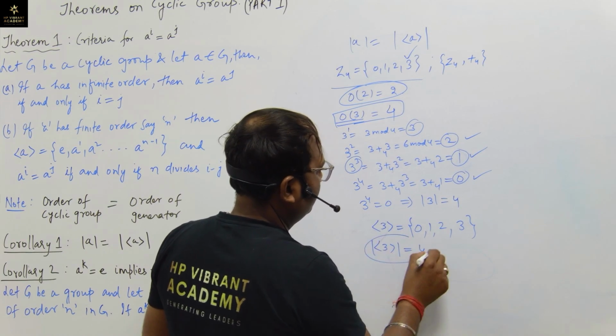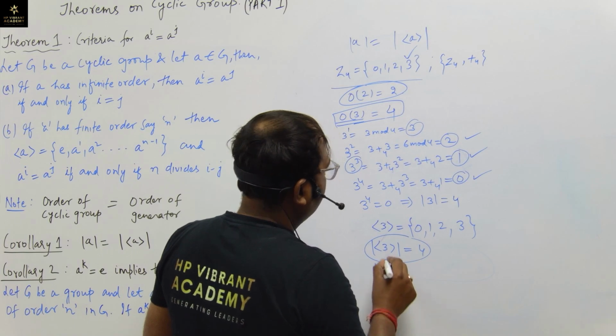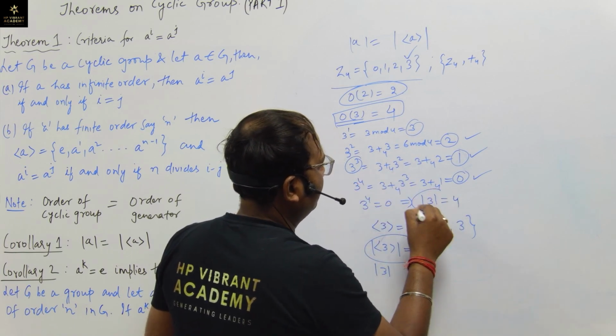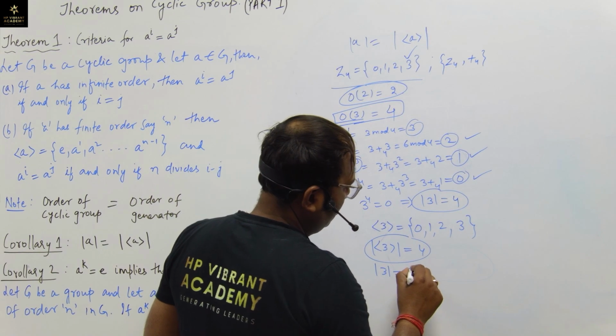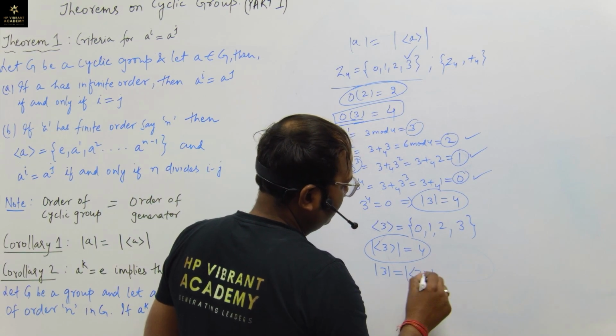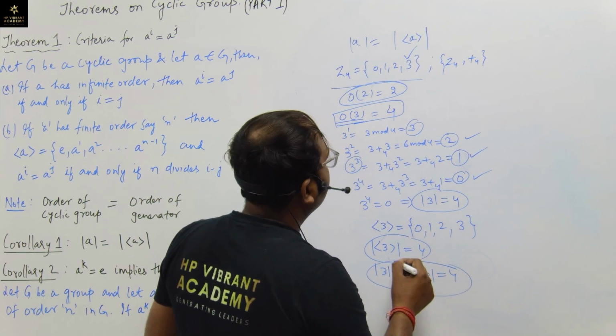So we have the order of element 3 is 4, and this is equal to the order of the group generated by 3, which is equal to 4. This is verified.